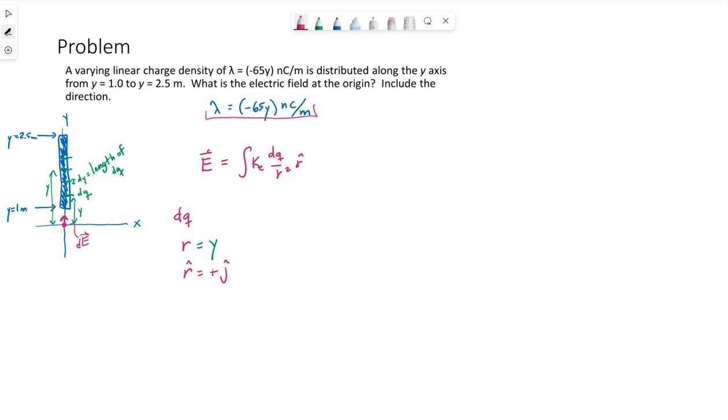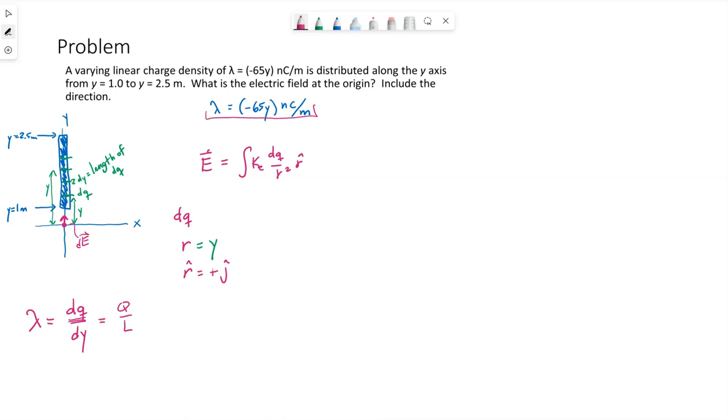Now dq, whenever we're doing linear charge density, dq is always related to the linear charge density. You can say it's total charge over total length, like we did in the previous video, or we can say it's that piece of charge, that point charge, divided by the length of the point charge.